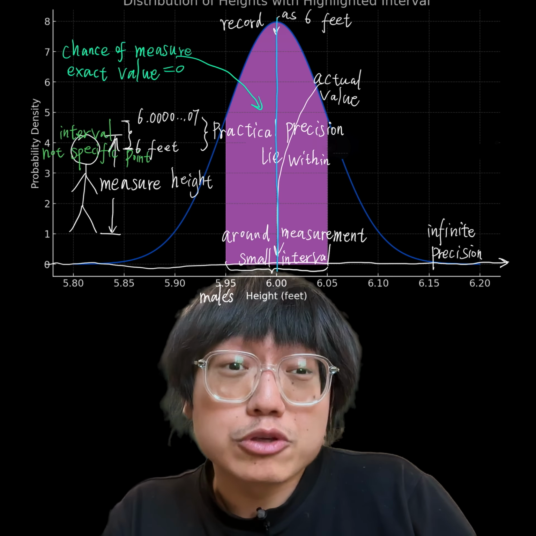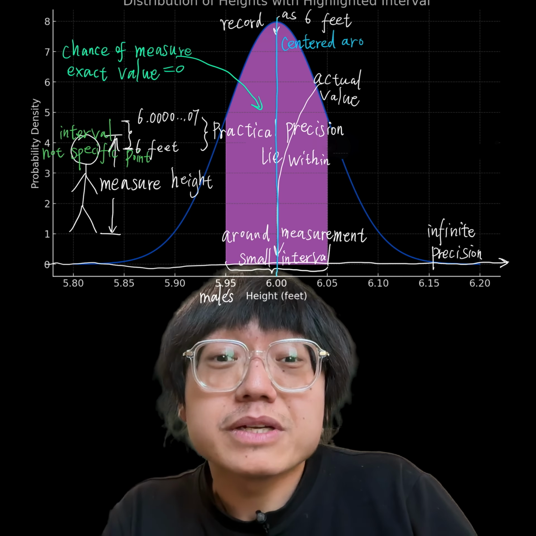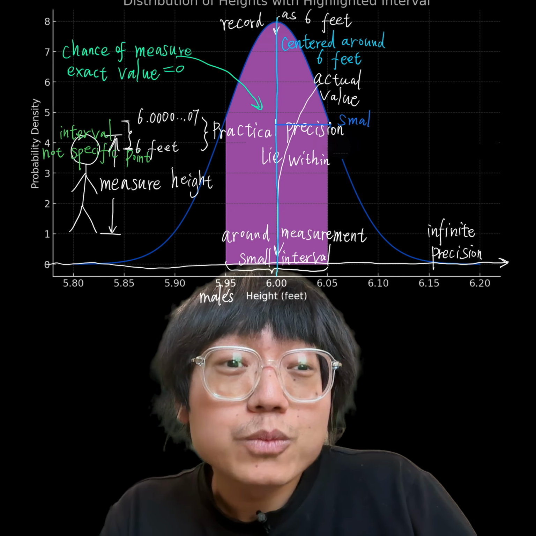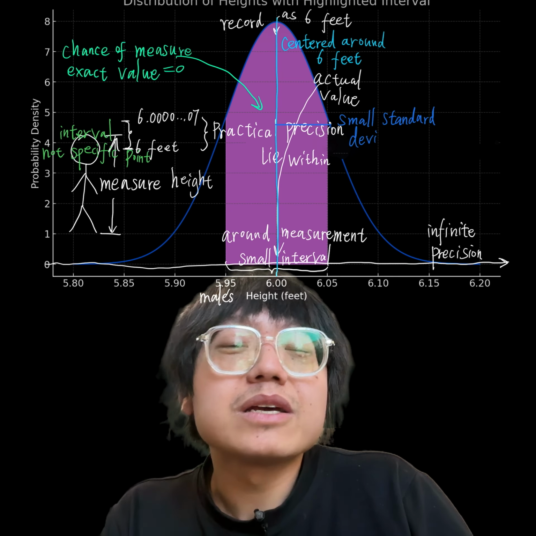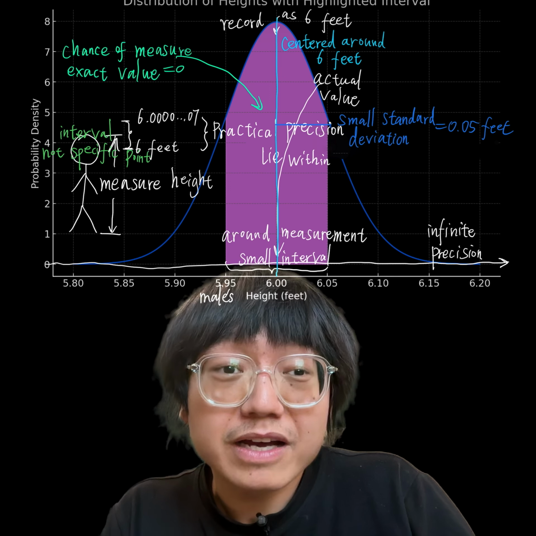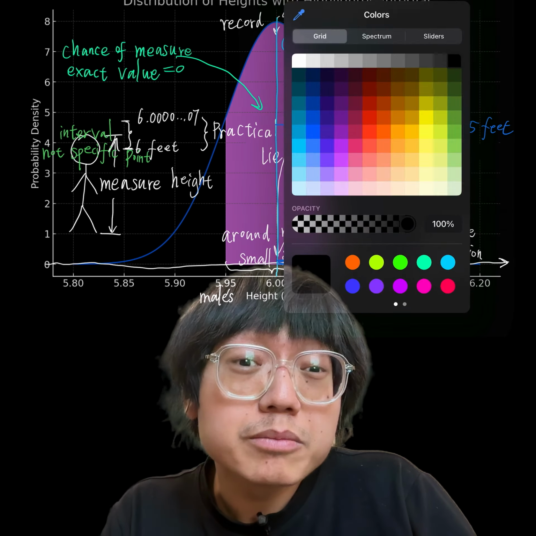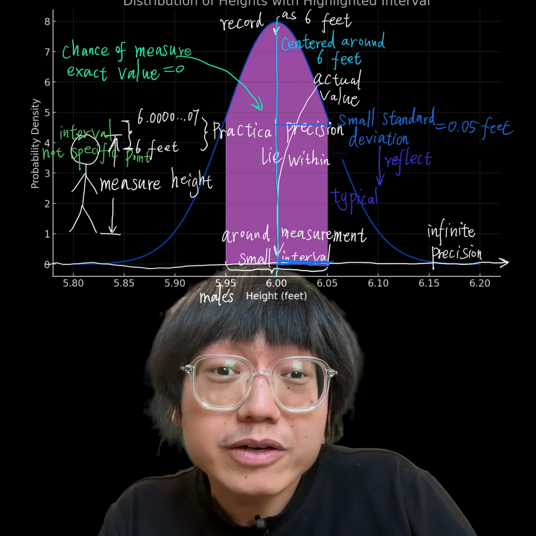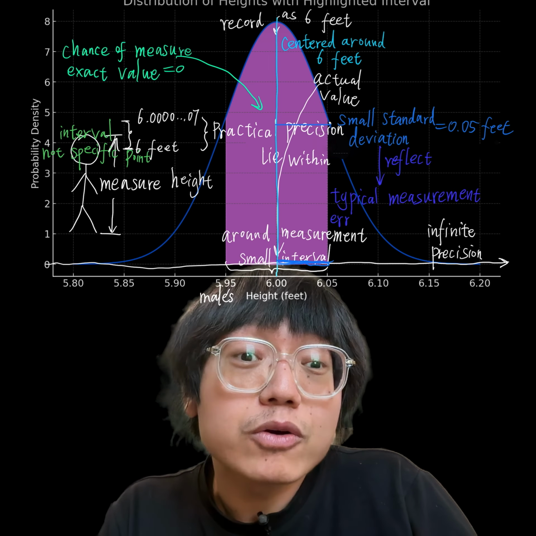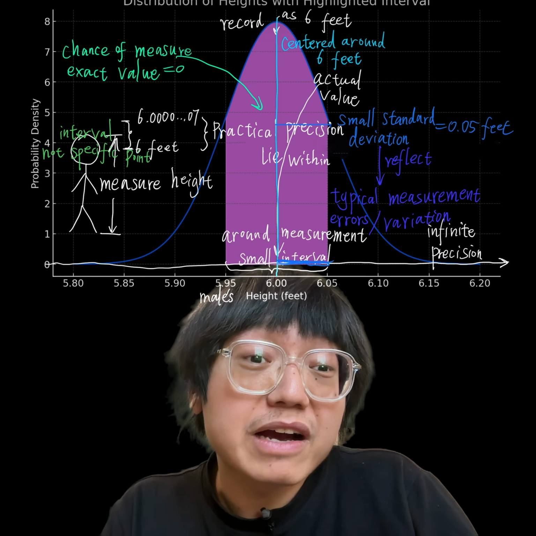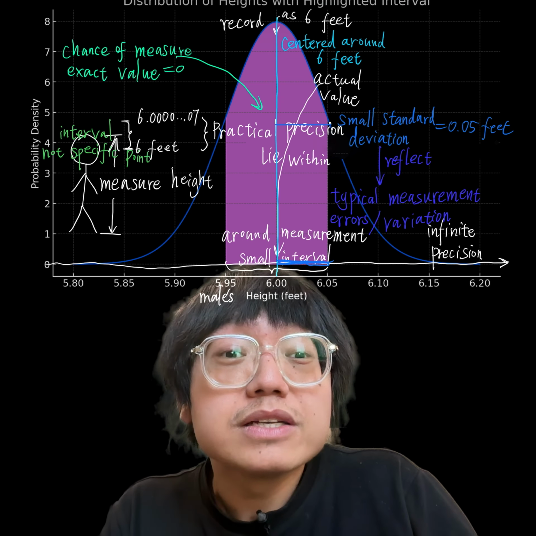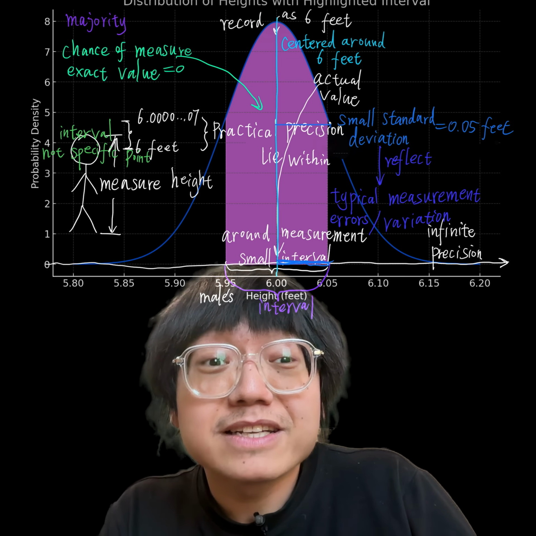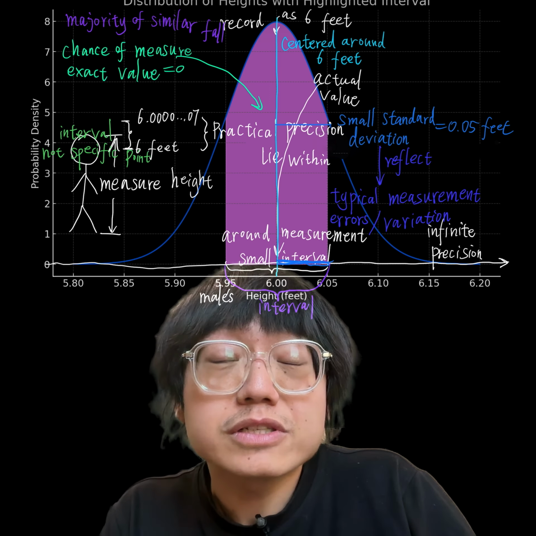This is a normal distribution representing the measurement of a male's height, centered around 6 feet with a small standard deviation of 0.05 feet, which reflects typical measurement errors or variations. The magenta shaded area highlights the interval around 6 feet, from 5.95 feet to 6.05 feet, showing where we expect the majority of similar measurements to fall.